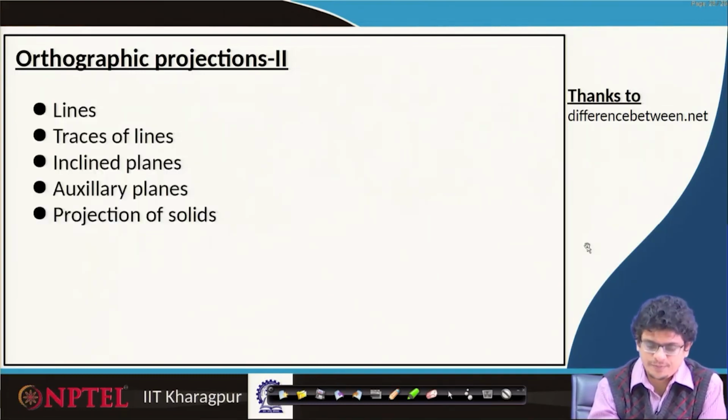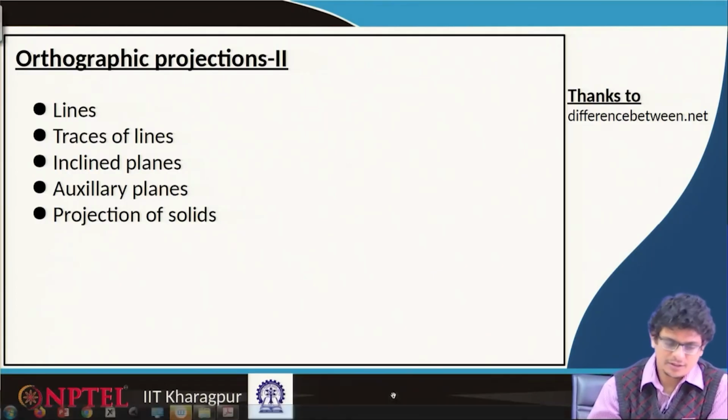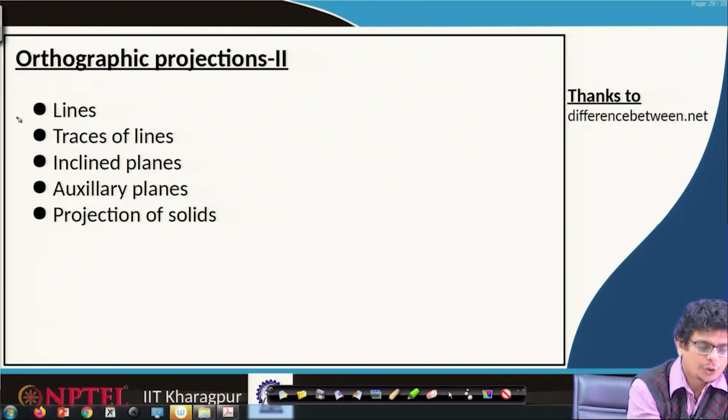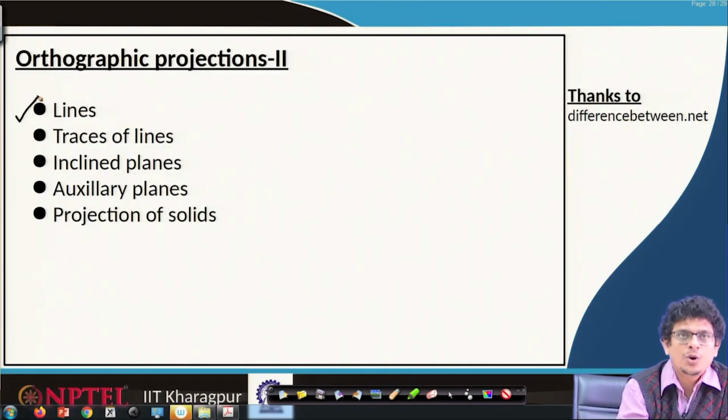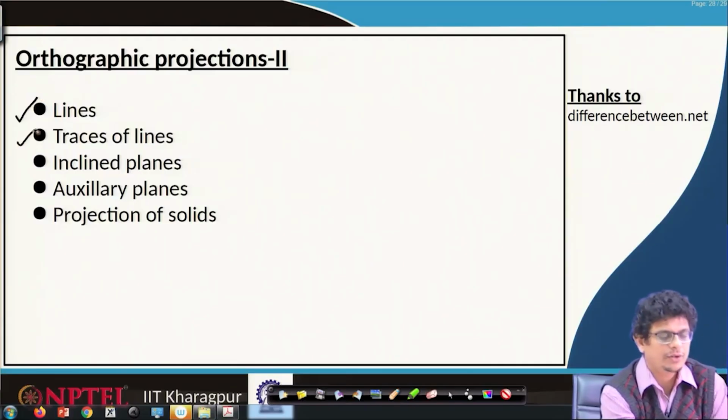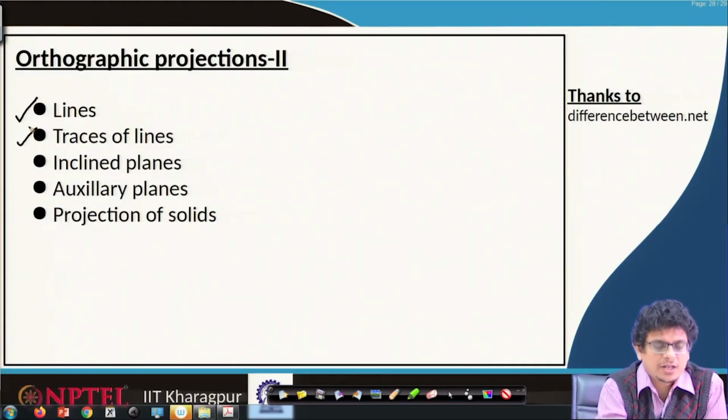In projection 2, we will cover how to project a line, what are traces of lines when we are projecting, finding true length, apparent length and other configurations.